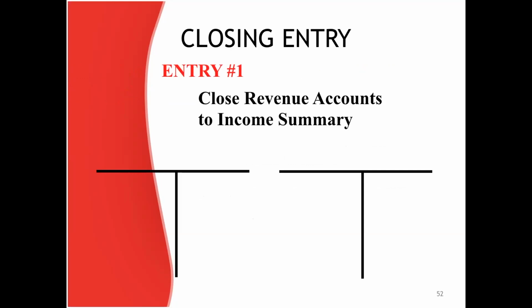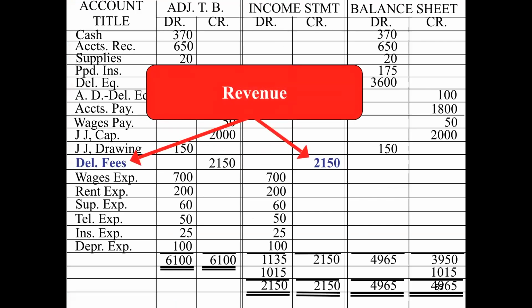So, what is the first step in the closing process? The first step is to close revenue accounts to income summary. In this example, in this worksheet, the delivery fees have a balance of $2,150.